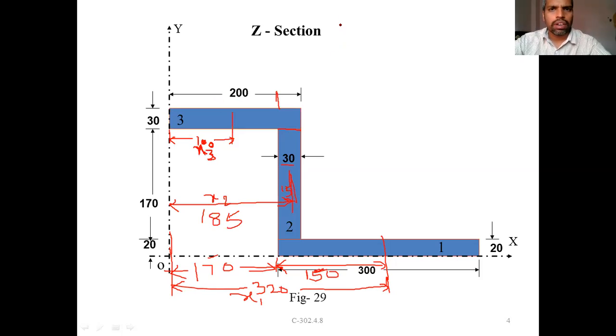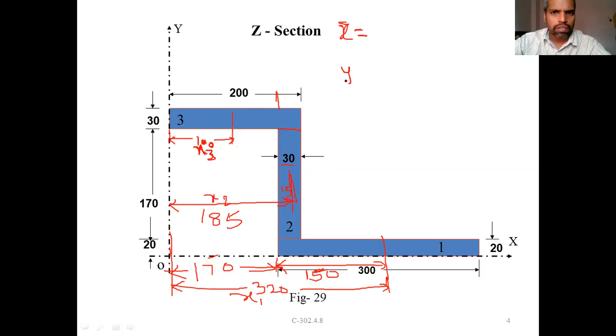So x bar is equal to a1 x1 plus a2 x2 plus a3 x3, divided by a1 plus a2 plus a3.